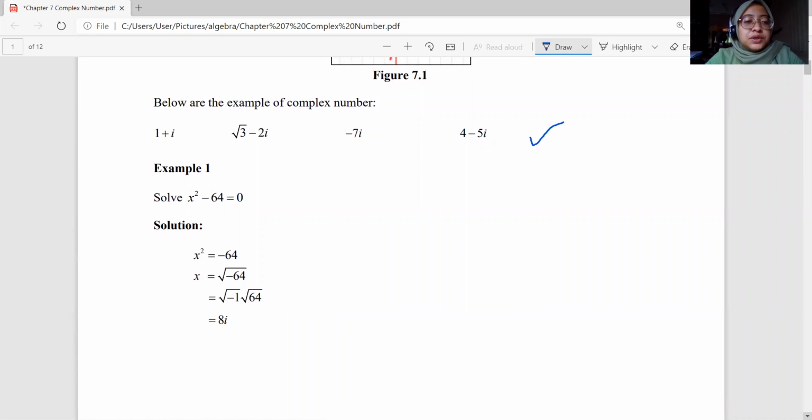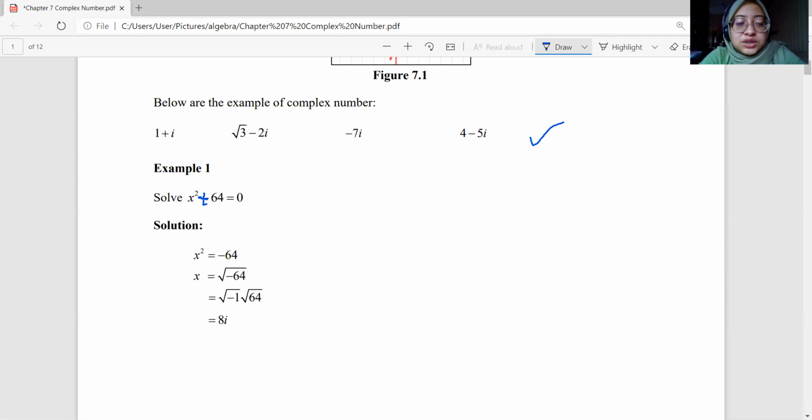The first example is to solve x square minus 64 is equal to 0. Correction here: it is x square plus 64 is equal to 0. So x square is equal to negative 64, and then x is equal to the square root of negative 64.